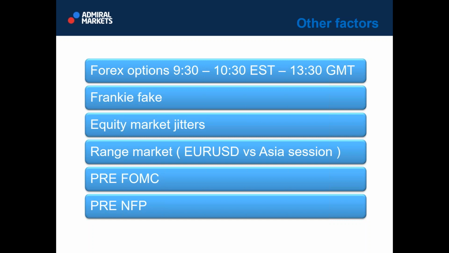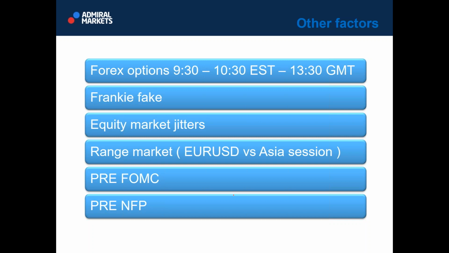Also, not each session is for each pair. You need to know what kind of movement to expect during each major trading session. For instance, most European currencies will move in a range during the Asia session. And when you see the range identified, you can enter trades at the top or the bottom of the range. The principle behind why these currency pairs move in a range is based on liquidity.